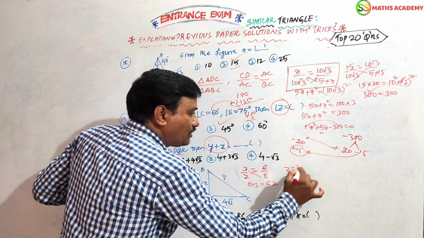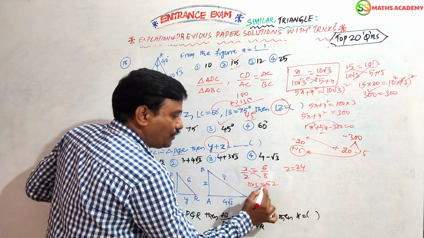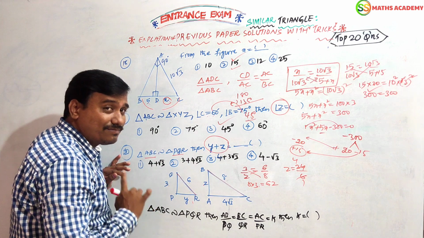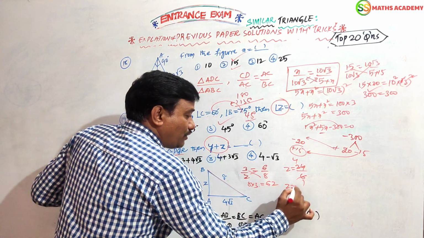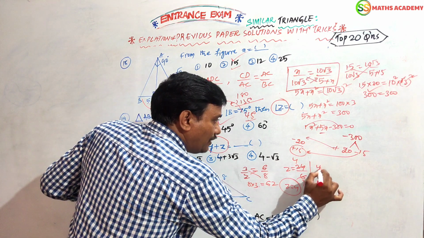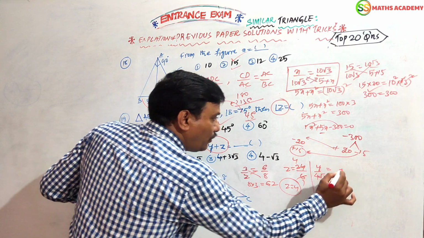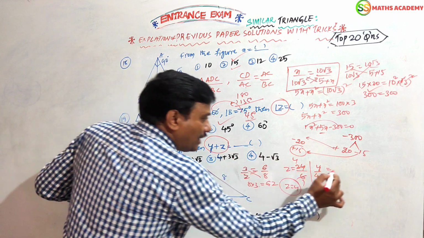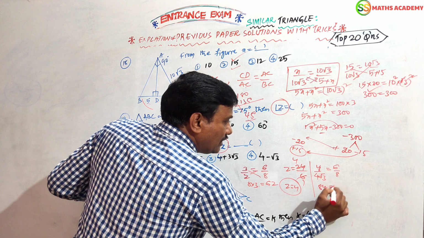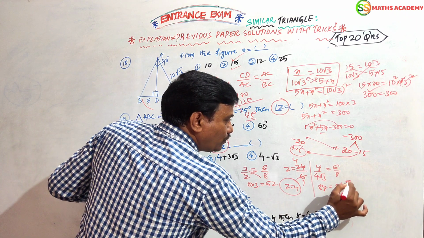Here z equals 8 into 3, 24, 24 by 6. 6 fours are 24, so the z value is 4. Got it. z equals 4. What about y? Yes, y also, base by base. y by 4 root 3 is equal to hypotenuse by hypotenuse, you should take it correctly. Now 8 into y is 8y, 6 into 4 root 3 is 24 root 3.